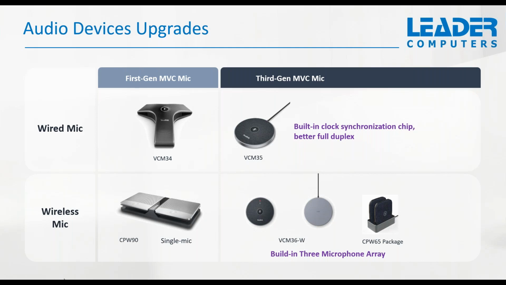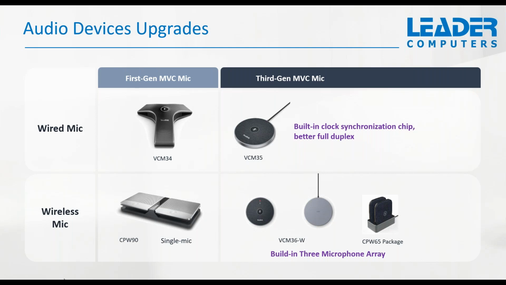Now the wireless mics: we've got those CPW90s at the moment. We've also got the CPW65, which will eventually replace the CPW90s. And then we've also got the VCM36-W. There's been a bit of a hardware change on the VCM36-W. Some of you that have used these kits before might notice that the charging cradle has changed.